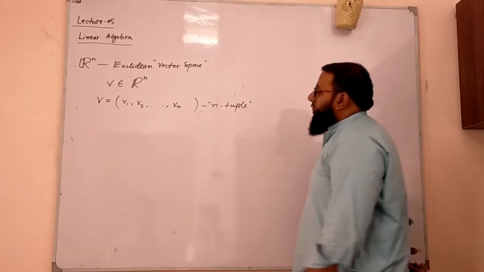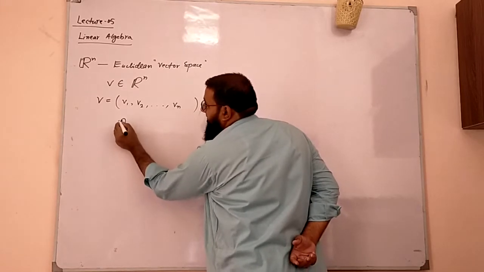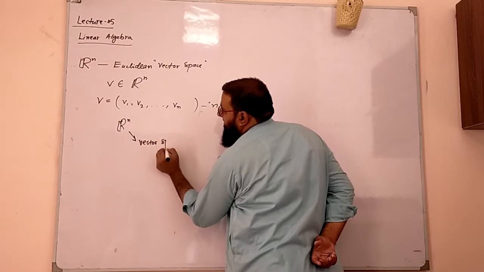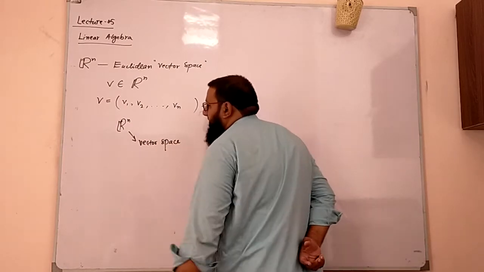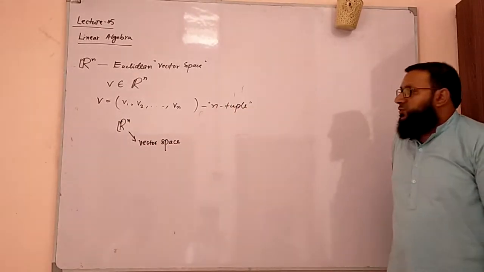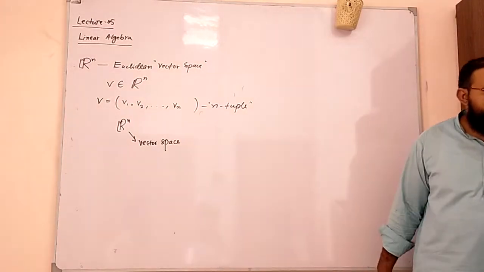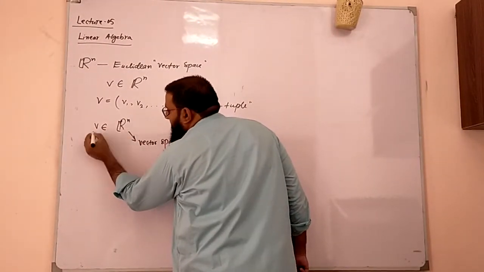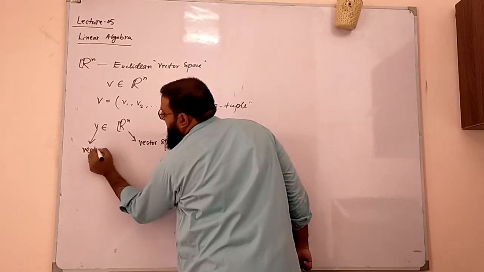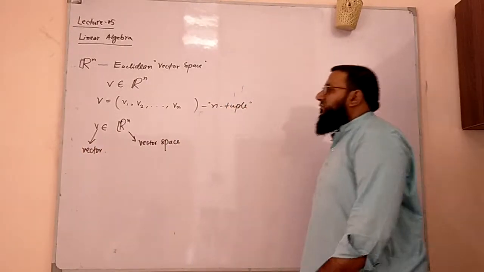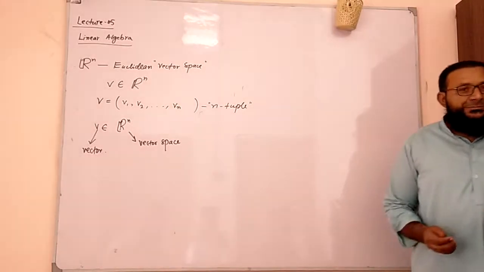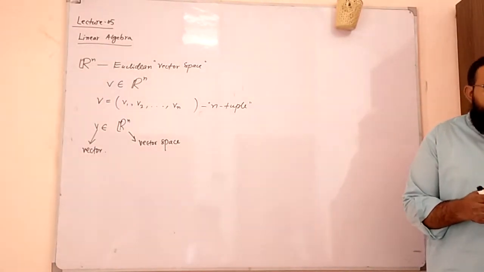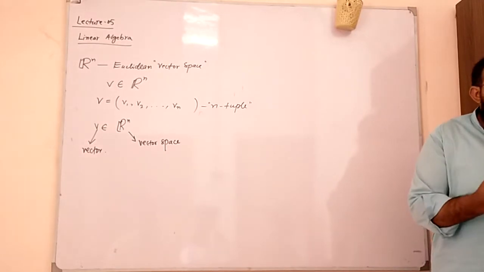Okay, so we have a vector space Rn. Simply it is a space which contains so many vectors, and the element that belongs to this vector space is called a vector. And we know very well what a vector represents. It represents some sort of length as well as a particular direction.